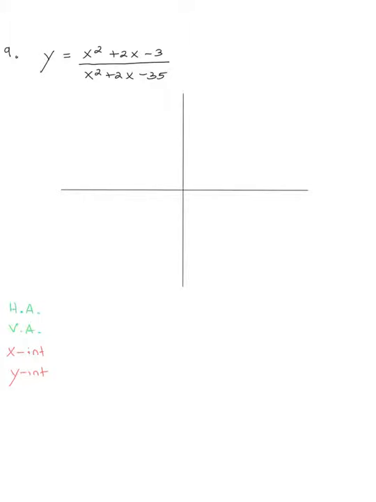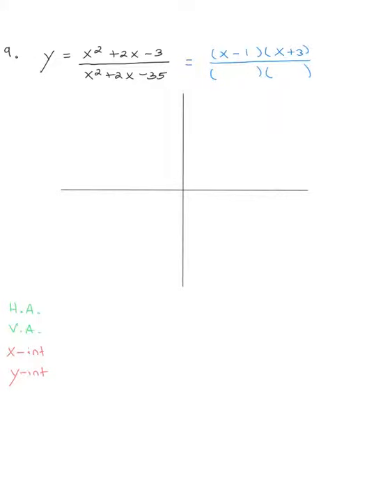All right, so for this one here, if we start with the vertical asymptote or an x-intercept, that's coming from where the numerator or the denominator is equal to 0. And currently, it's kind of difficult to see where those are. But what I'm going to do is factor both the numerator and the denominator. If I factor the numerator, I get x minus 1 and x plus 3.